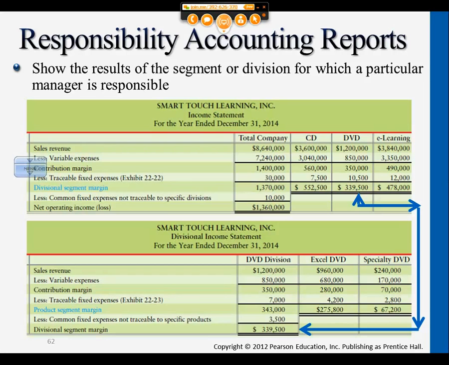All right, so what does it mean here? It means this. If I were just to look at the division segment margin, just for this division of the DVD, I can split it even further, and I can say, okay, I know right now my division is composed of these numbers. I have my sales revenue, variable expenses, contribution margin, traceable fixed expenses, product segment margin, common fixed expenses not traceable to specific products, and then divisional segment margin.